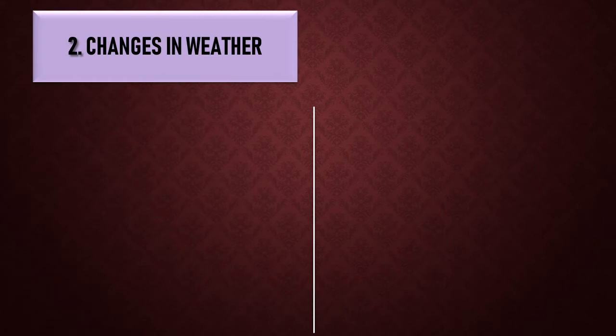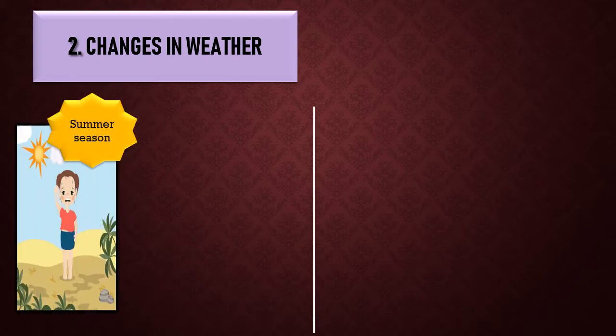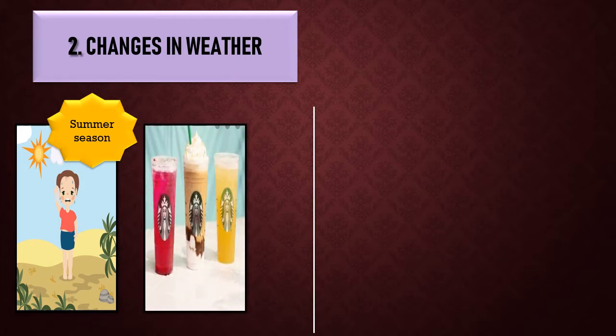The next factor is changes in weather. You know, there are seasons of summer, cold, and rain, and accordingly there is availability of goods also. Let's talk about the summer season. In summer we feel very hot and in a short time we feel thirsty. In that case, to quench our thirst, we go for soft drinks.